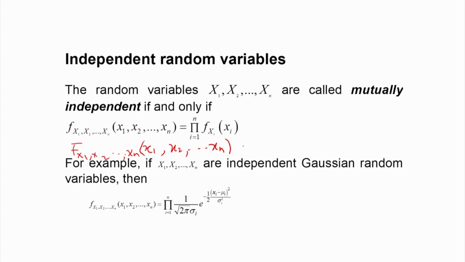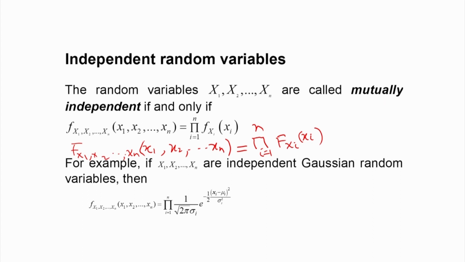This will be the product of the marginal CDFs, the product over i equal to 1 to n of F_Xi at point xi. Similarly, for the discrete random variables, we can define the independence in terms of the probability mass function. Now, this is mutual independence.